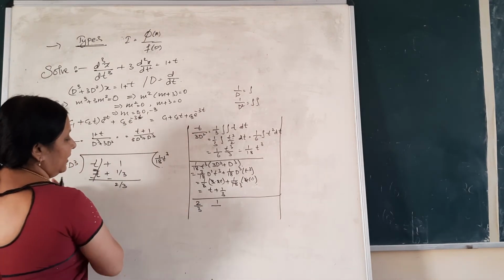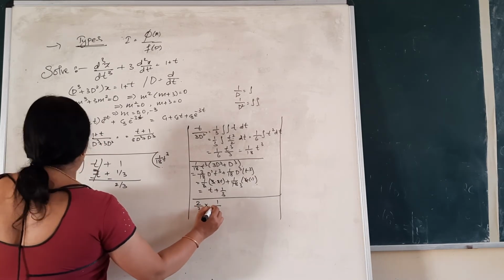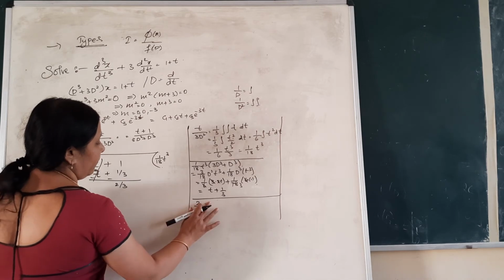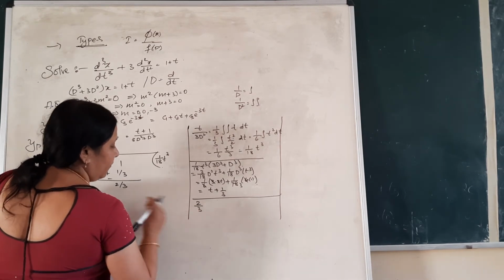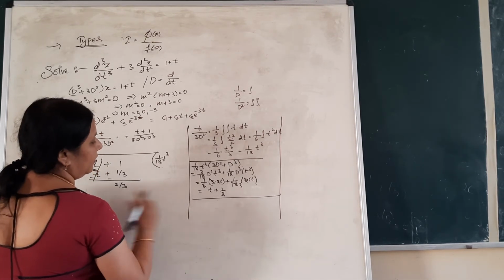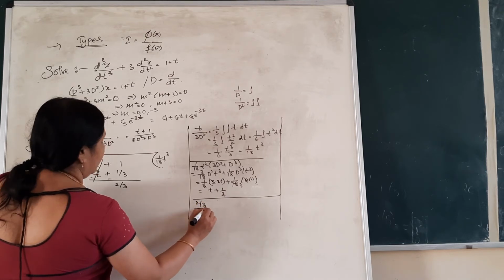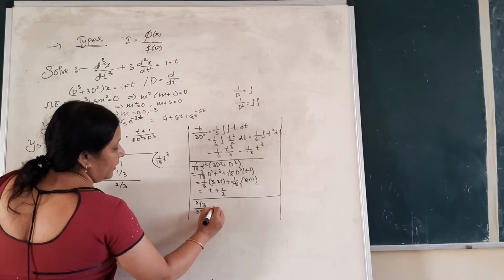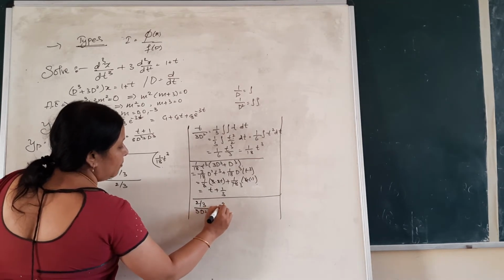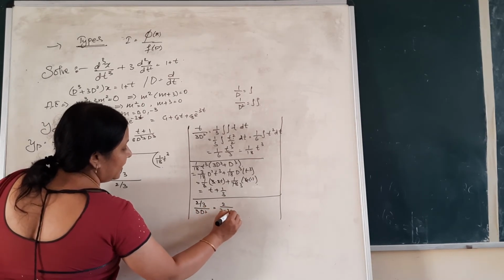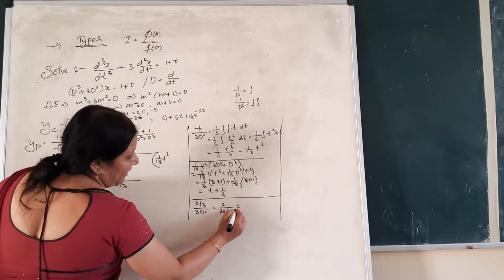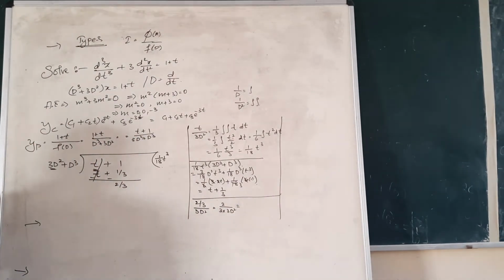Let me write it like a fraction: 2 by 3 divided by the first term 3D square, where the denominator here is 1. So it's going to be 2 by 3 into 3D square, so 2 by 9 and 1 by D square.